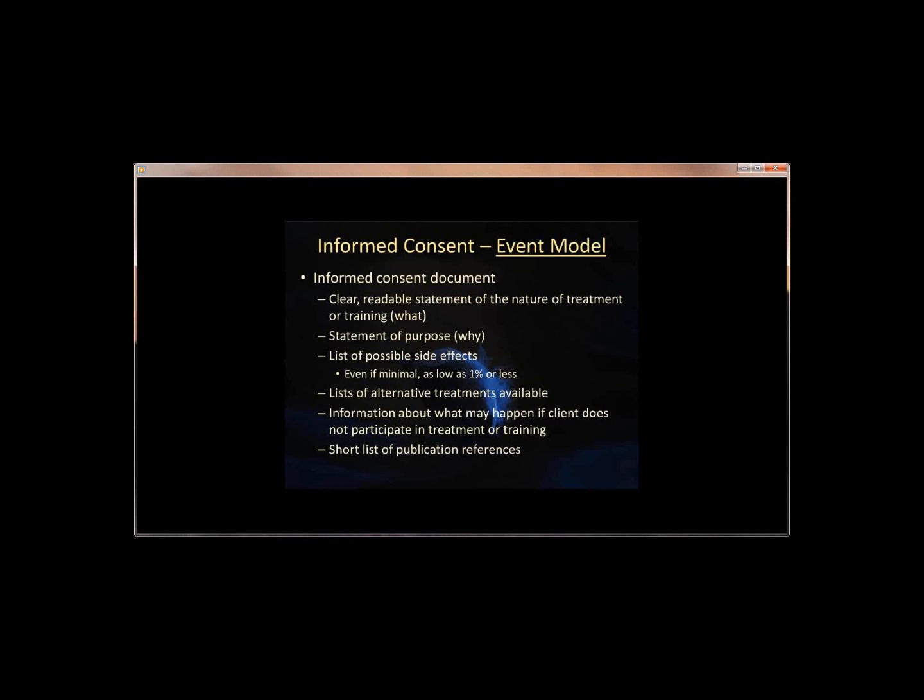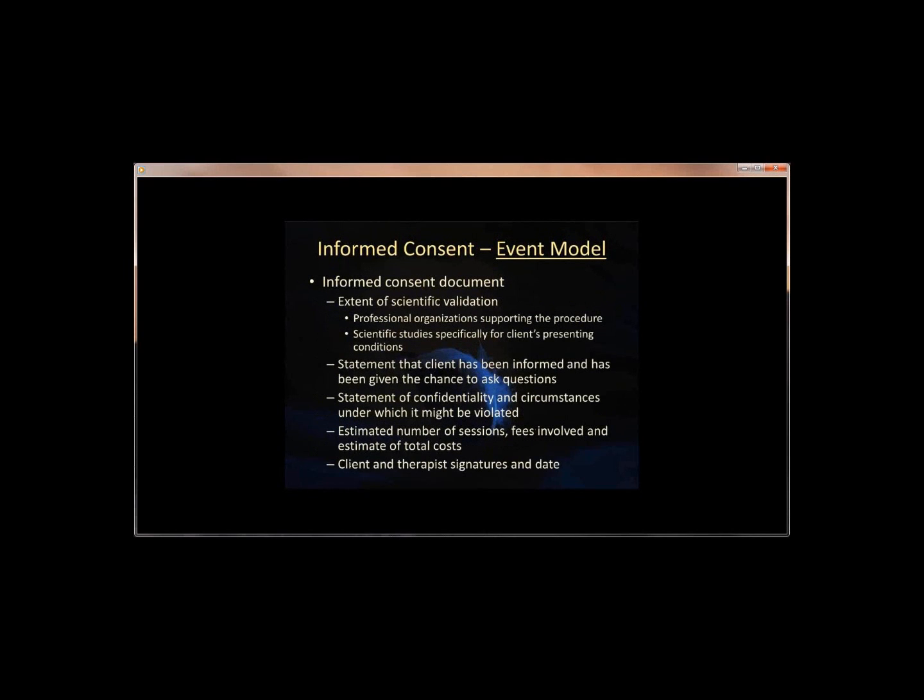It has to state what the training is, why the training will be conducted, the possible side effects, a list of alternative treatments that could be used for the same problem, information about what may happen to the client if they do not participate in the training, if they decide to not utilize your services, and a short list of publication references. All of these are suggested as components of the published printed informed consent that you have the client sign and take with them.